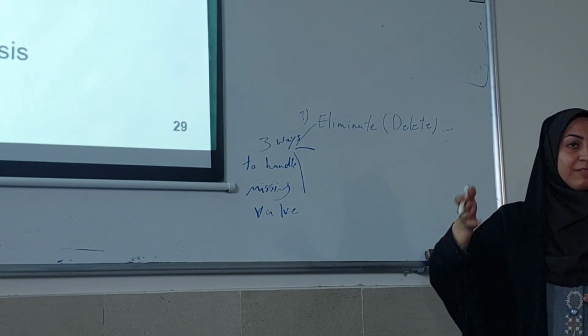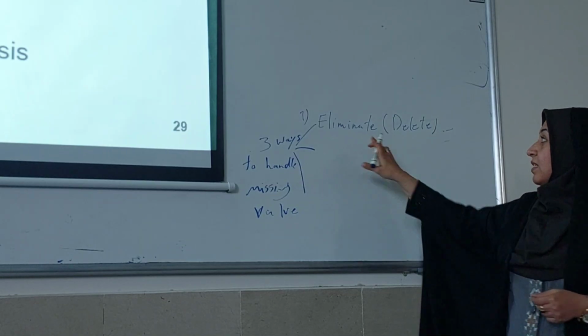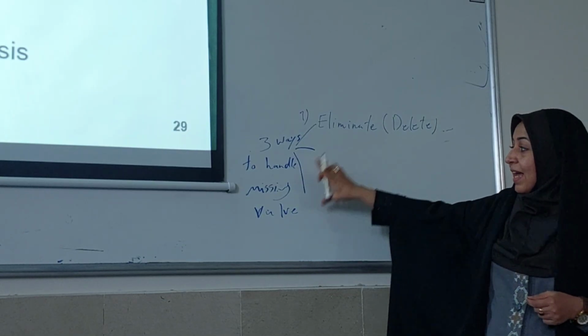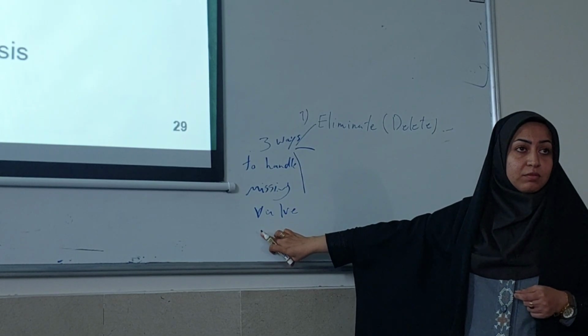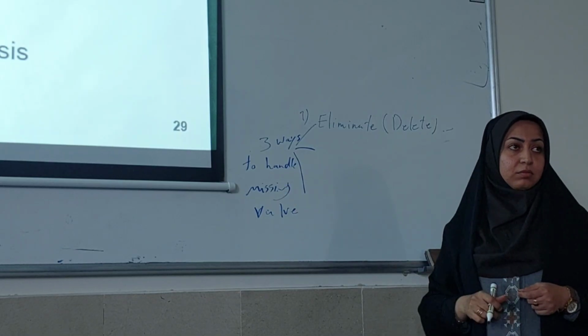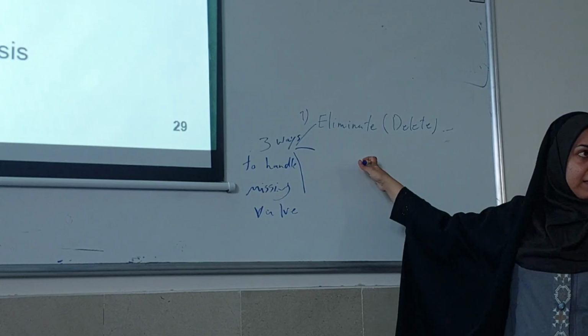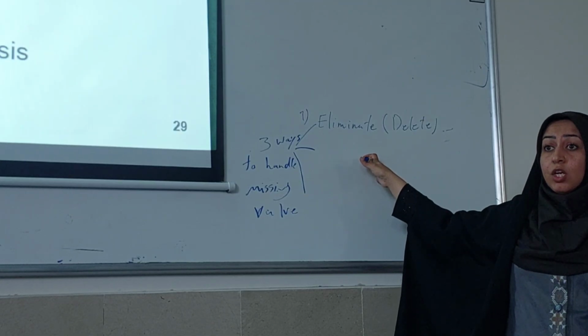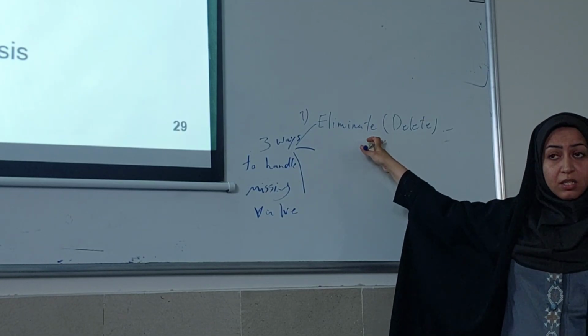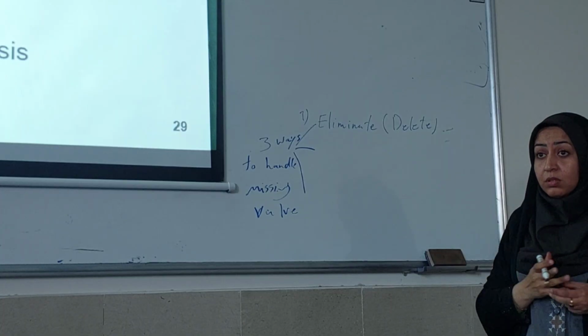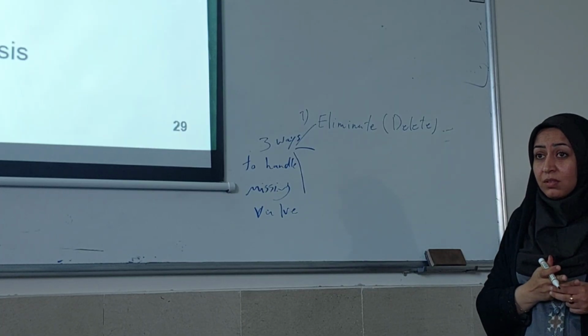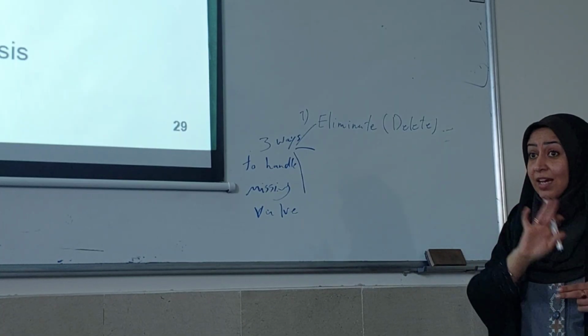When can we use this way to handle missing values? In all cases? No, we should not eliminate data in all cases. If the data is small, we can't delete.